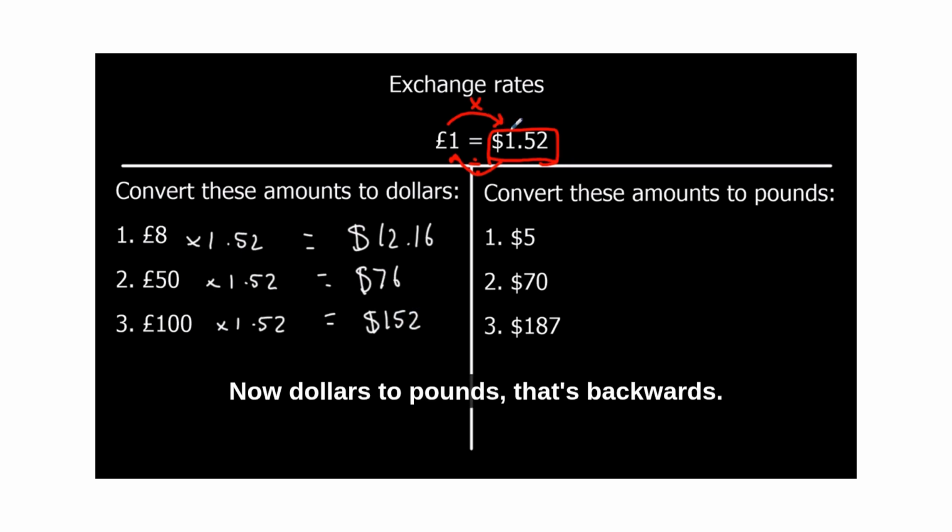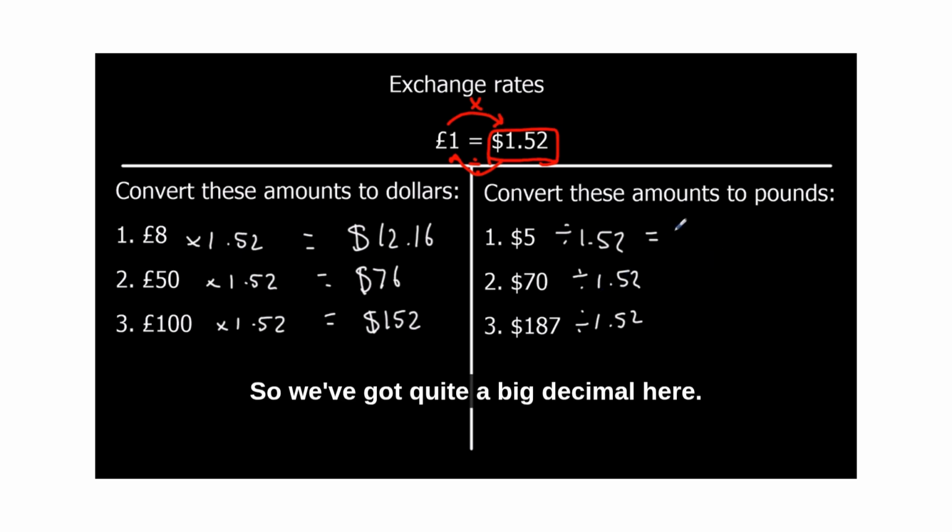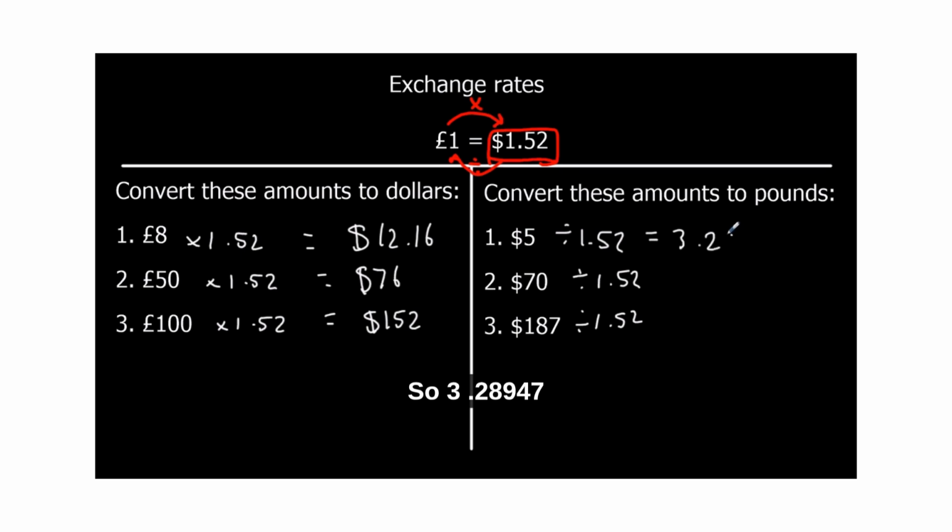Now dollars to pounds, that's backwards, so it's divide by the exchange rate. So these are divide by 1.52. 5 divide 1.52. We've got quite a big decimal here, 3.28947 and so on. 2 decimal places, remember.